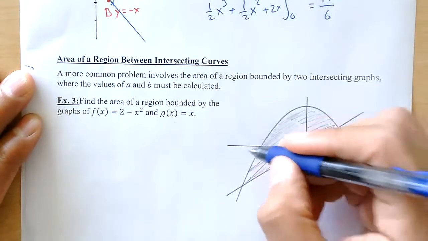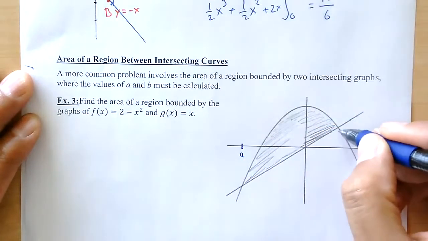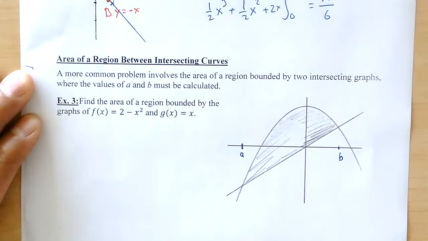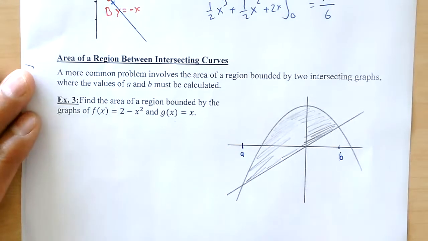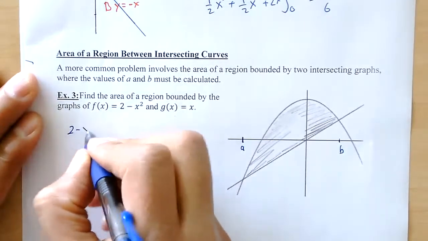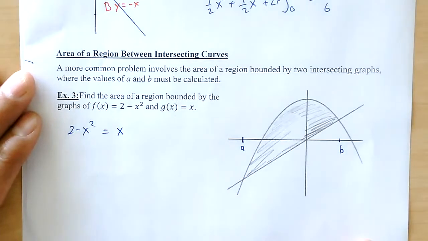I don't know from where, call that A, to where this region is bounded. And I could figure out what those limits are by figuring out when these two equations are equal to each other.